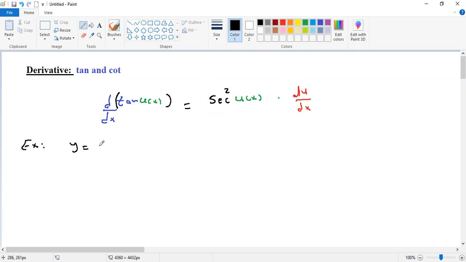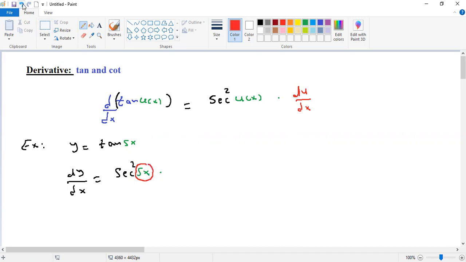We have y equal to tan 5x. So then dy/dx, y prime, equal to the derivative of tan, which is secant squared u, secant squared 5x, times the derivative of 5x.